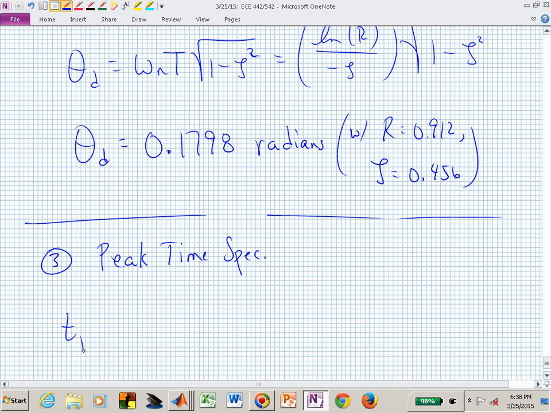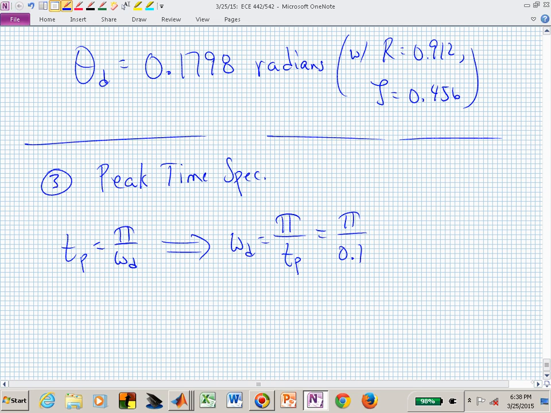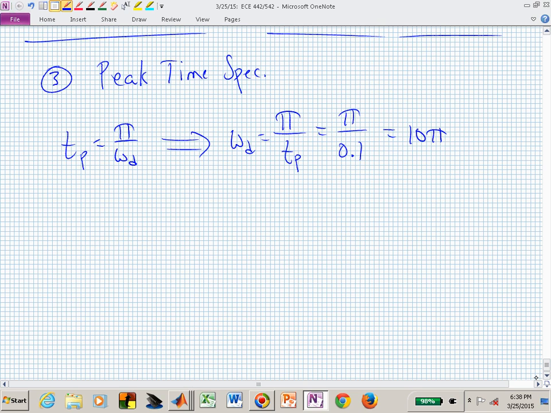Our peak time, T sub p, is pi over omega sub d. Omega sub d is pi over time to peak. And we know that the peak time was specified to be 100 milliseconds. So now we know that the omega sub d is 10 pi.